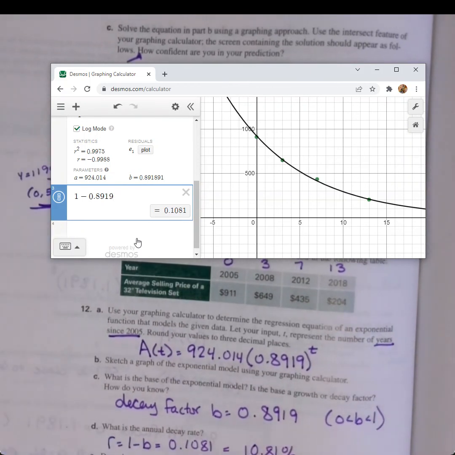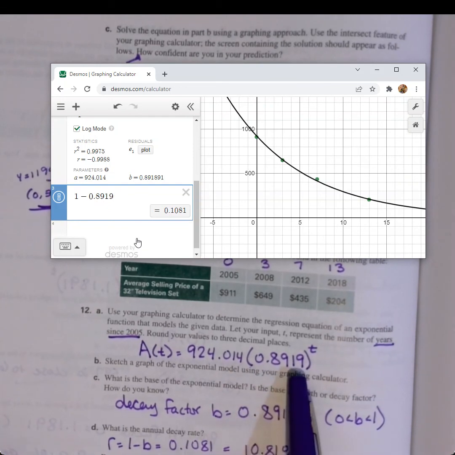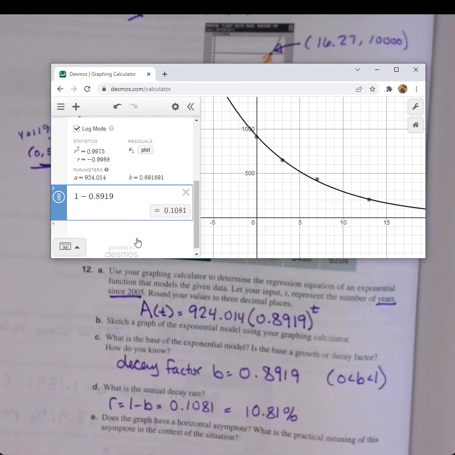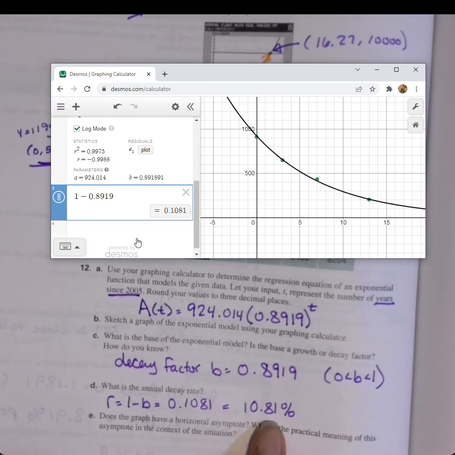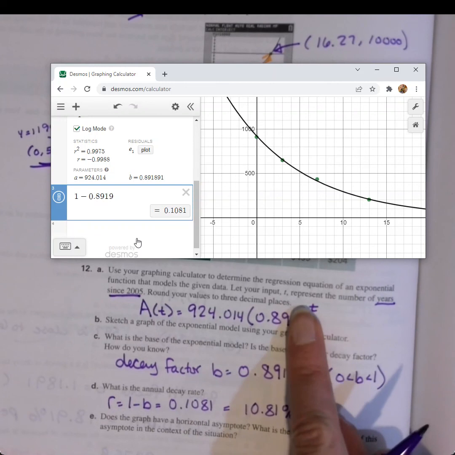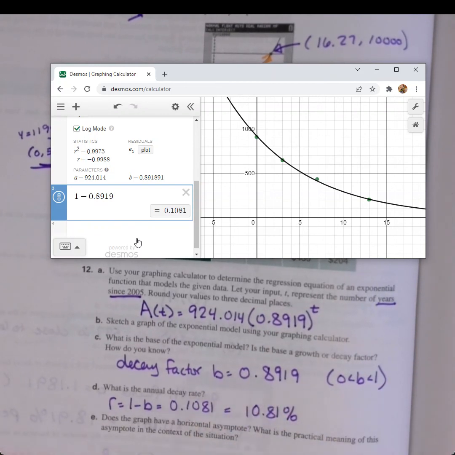One of the reasons that we keep 4 places when we do our growth and decay factors is because it's really only 2 places once you consider your growth or decay rate. If I'd only kept 2 places on that, I'd have no accuracy, no precision on my rate. So I only have 2 places on my rate as it is. That's why I keep 4 places on my factor.